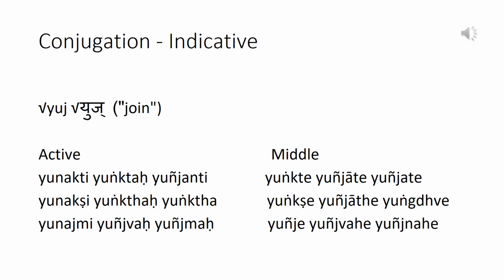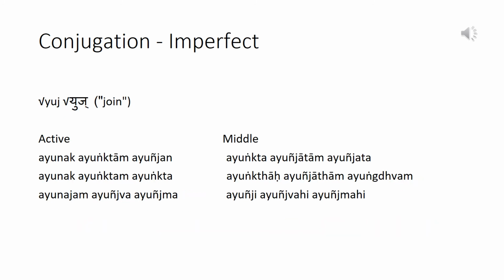Let us now look at some conjugation paradigms for class 7 verbs. The present indicative of the verb yuj is given here. The imperfect.